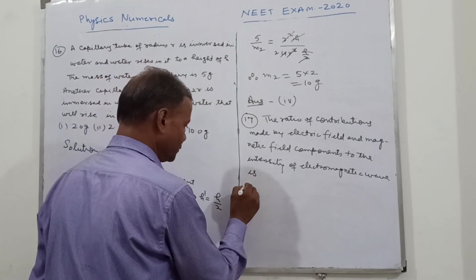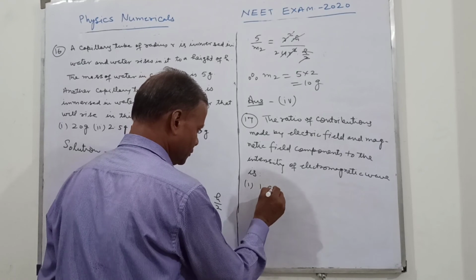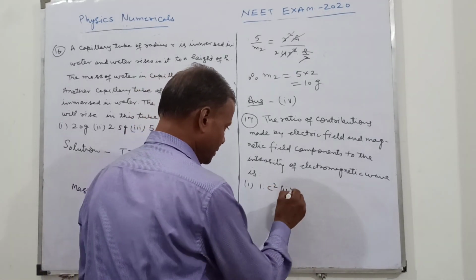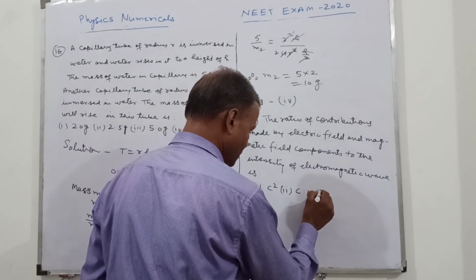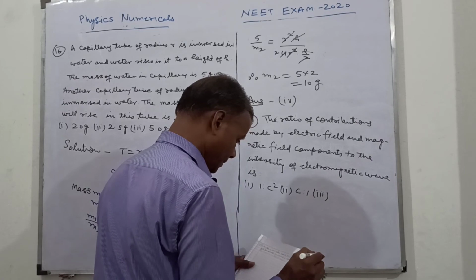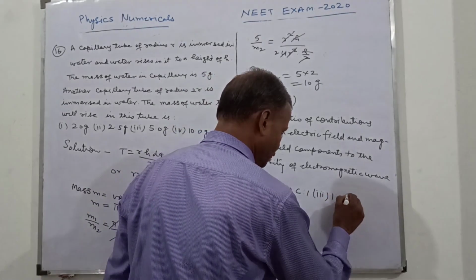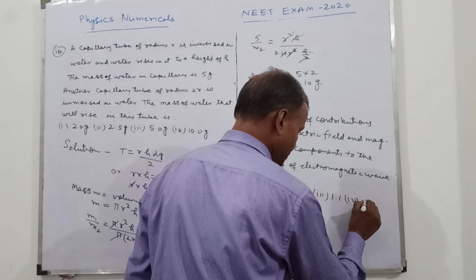Now you are given the options. First option is 1 ratio c square. Second is c ratio 1. And third is 1 ratio 1. And now fourth is 1 ratio c.